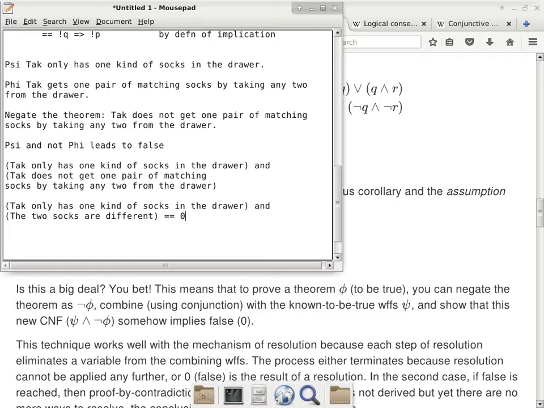And then we have resolution, right? So with CNF, I can apply resolution as a mechanism. It's just an inference rule. It's very simple, but we only need one transformation rule.